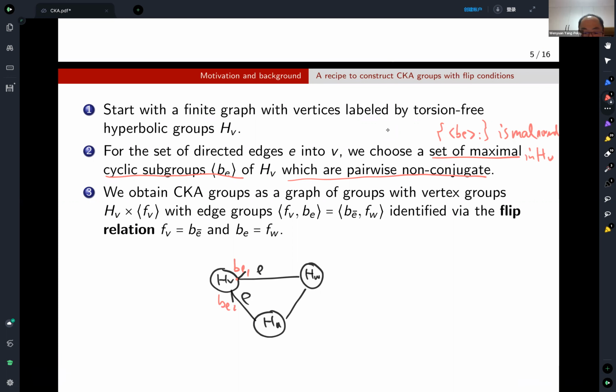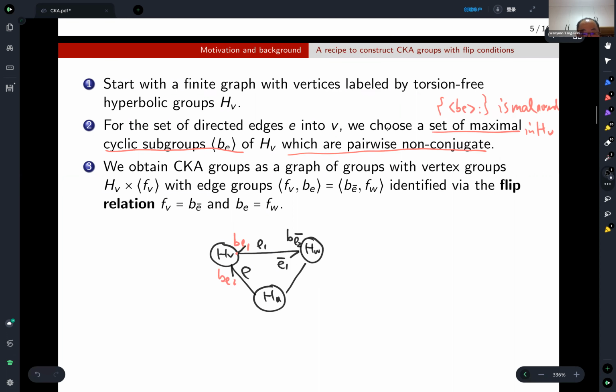We take the opposite, the inverse of the image. We take the B2 on this side, and we construct. So we choose such a set of maximal cyclic groups. Then we can get CK groups.